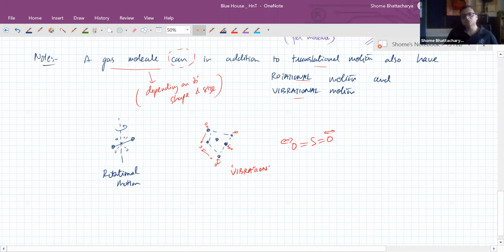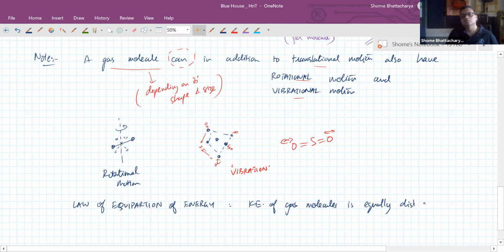Now the law of equipartition of energy states that the kinetic energy of gas molecules is equally distributed over all degrees of freedom.